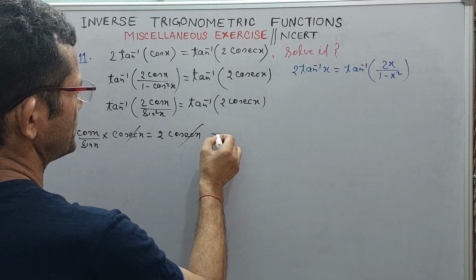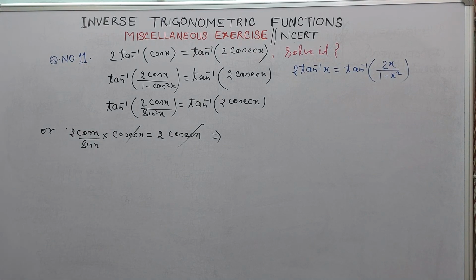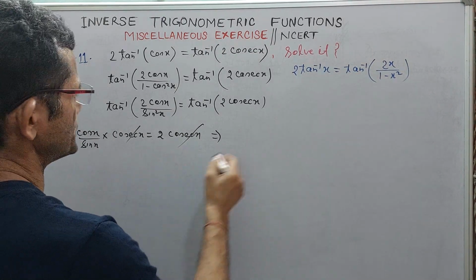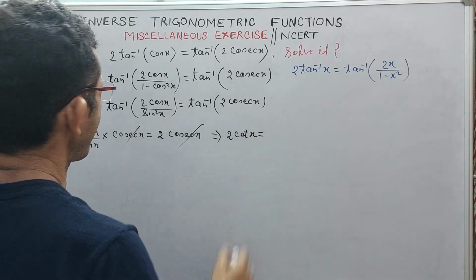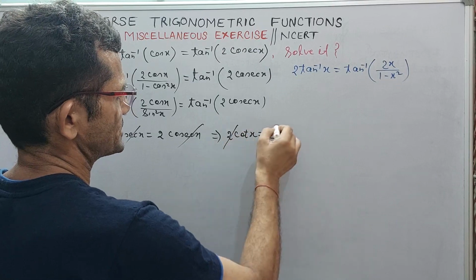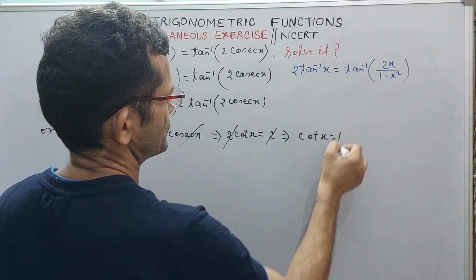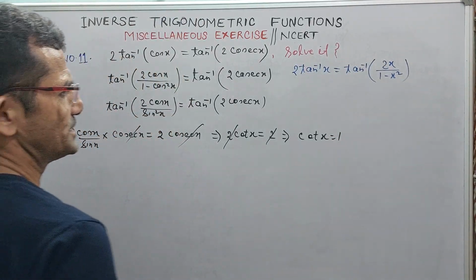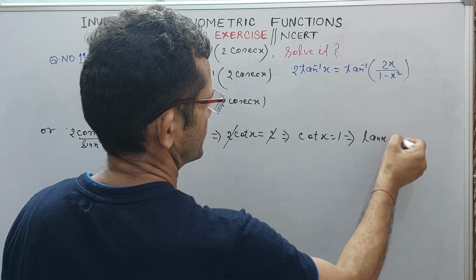Now finally what it becomes, 2 cos by sin is 2 cot x is equal to 2 cot x. Again this 2 is cancelled out, finally we have cot x is equal to 1, and we can replace cot x by tan x is equal to 1.